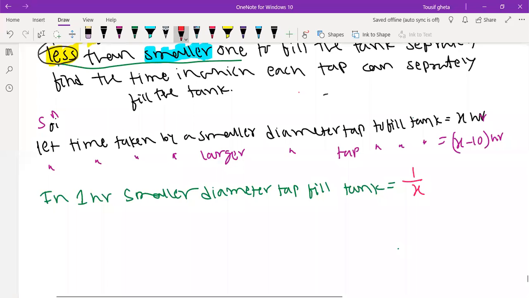In the same way, in 1 hour the larger diameter tap fills how much of the tank, Shweta?